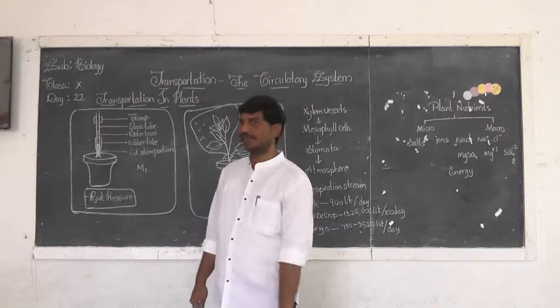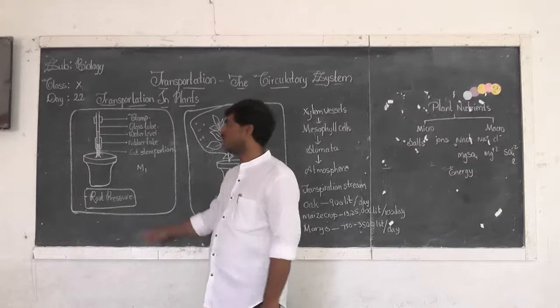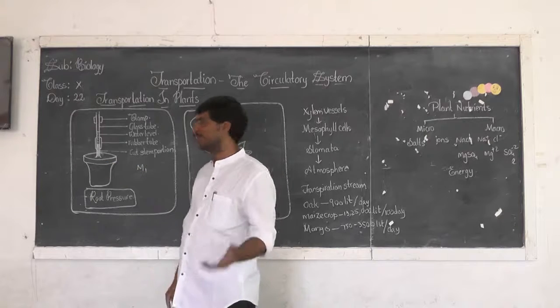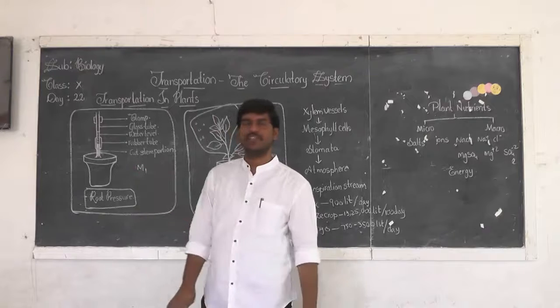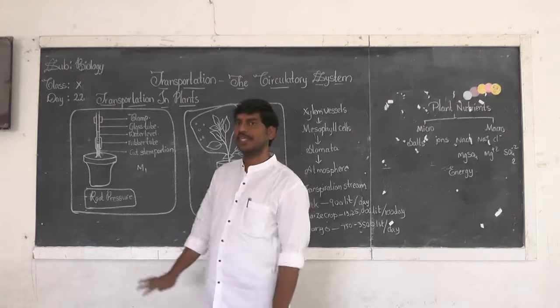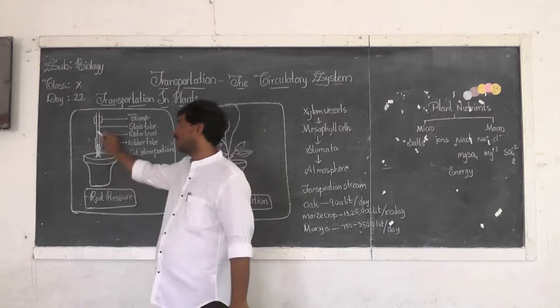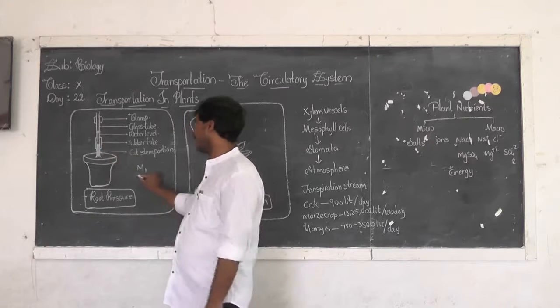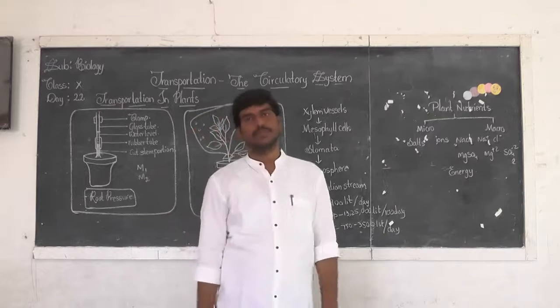Then after that, what are we going to look at? The water is being absorbed, as we have already seen, because of osmosis water is going to enter. We are keeping the entire apparatus without any disturbance for 2 to 3 hours. After that, when we observe, the level of water has increased, and that level we note down as M2.